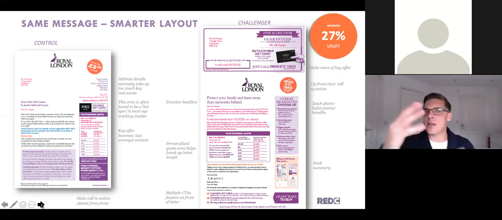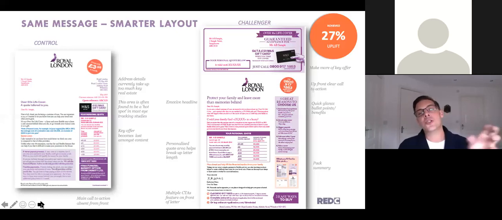So even if you just glanced at this letter, you'd understand from the outset what you were being asked and what you were being sold. Just by making those changes to the layout of the pack, we managed to generate an uplift in response.